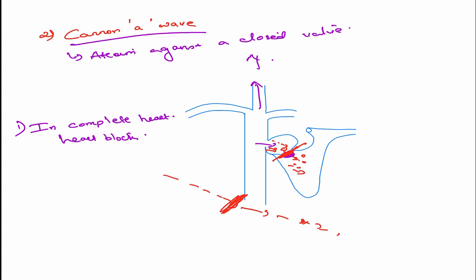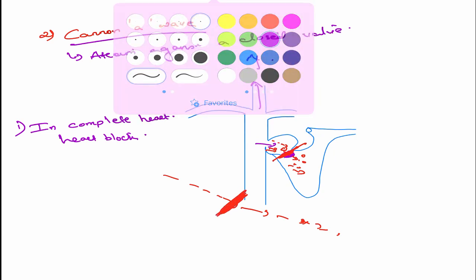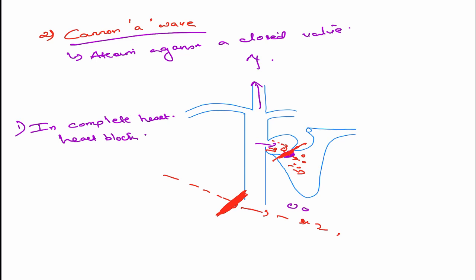But now this area is blocked, meaning the ventricle has no other option but to develop its own rhythm. So the ventricle contracts its own way, the atrium contracts its own way. Both are independently contracting, and at one particular moment there will be a stage where the ventricle is in systole and the atrium is also in systole. When the ventricle is in systole, you know that this valve gets closed.